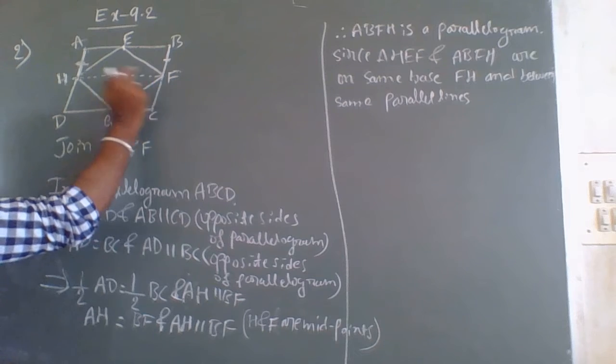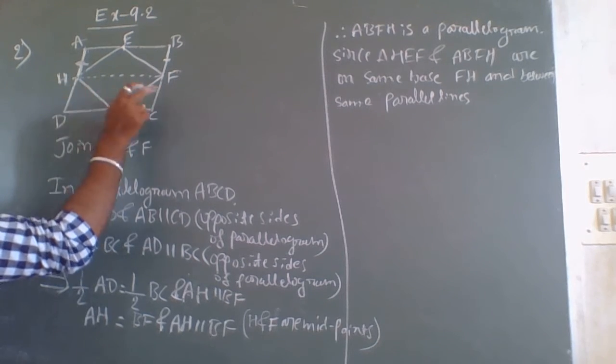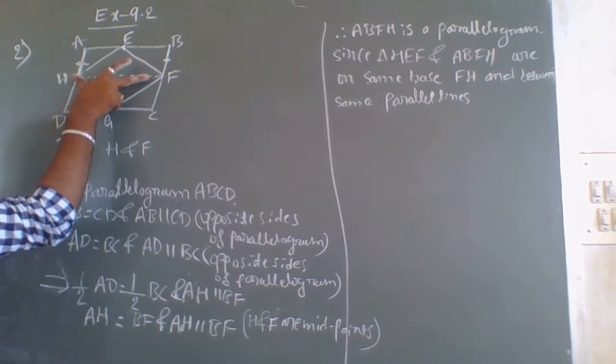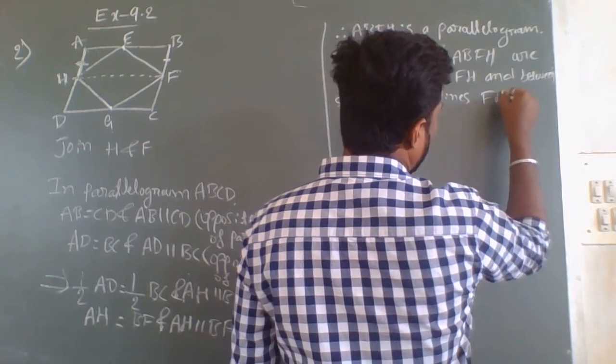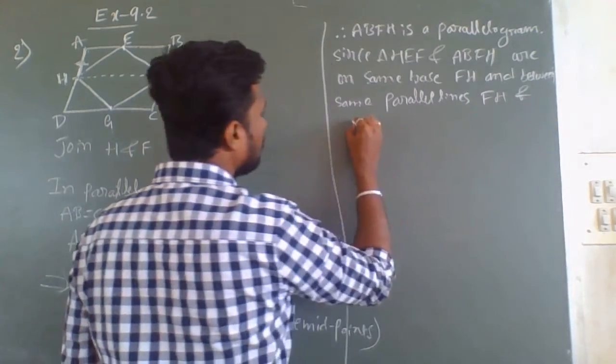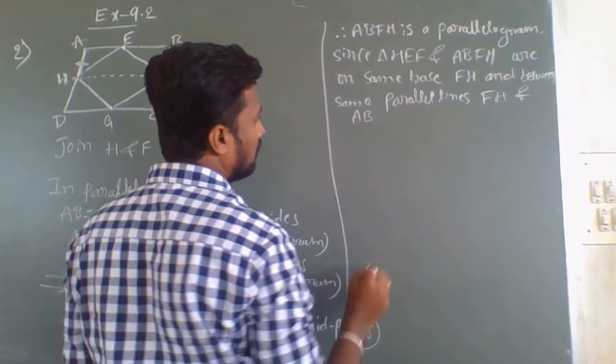This triangle and this parallelogram are between the same parallel lines FH and AB.